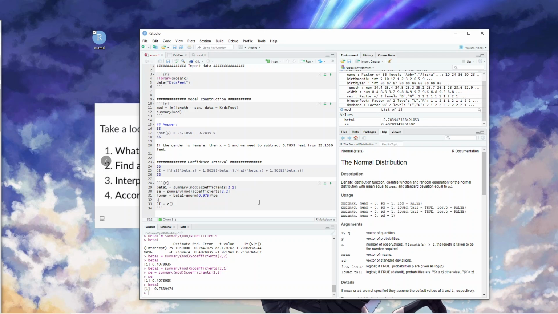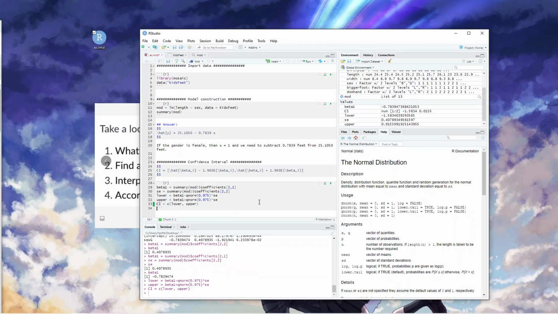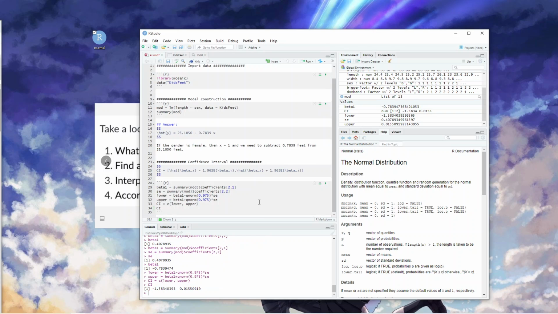And my upper bound equal to beta 1 plus qnorm 0.975 times standard error. Okay, just want to make sure we have all this lower and the upper. Okay, so I can print out my CI. So this will be the range, my confidence interval.